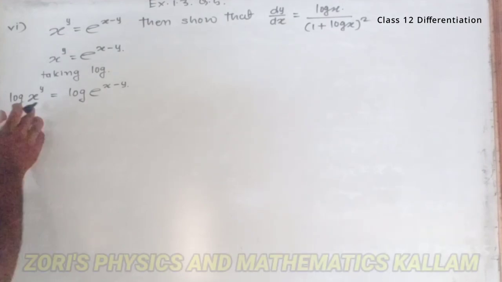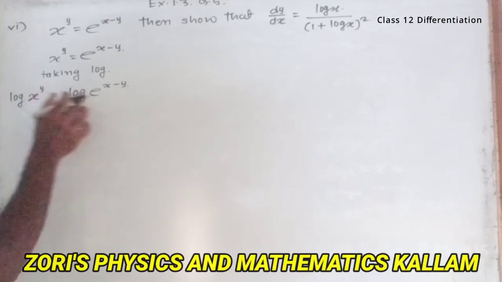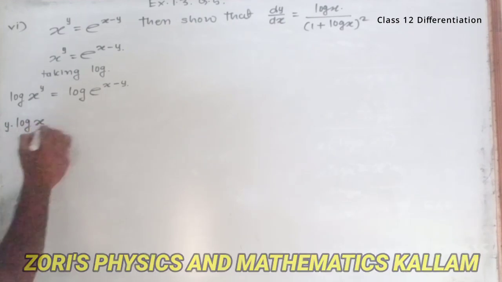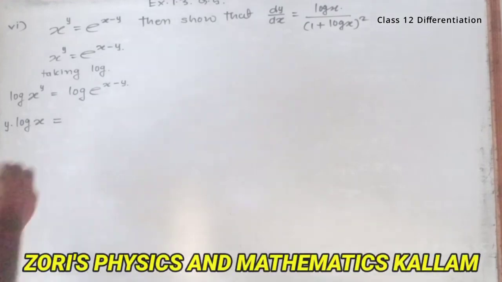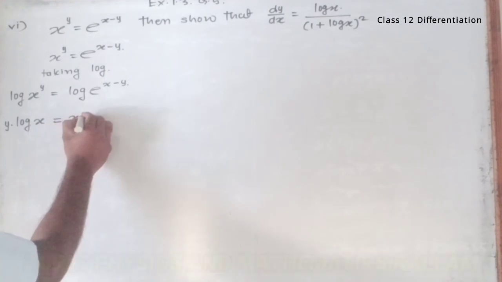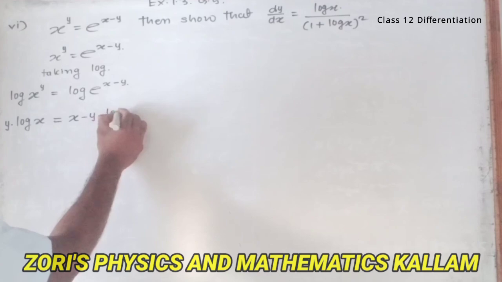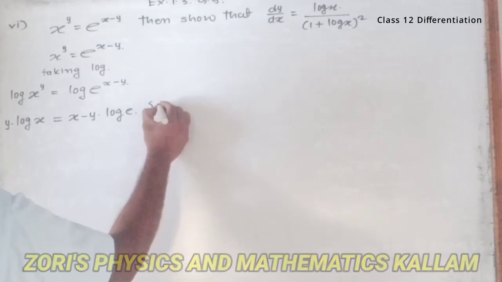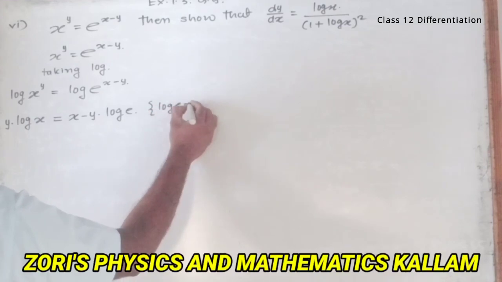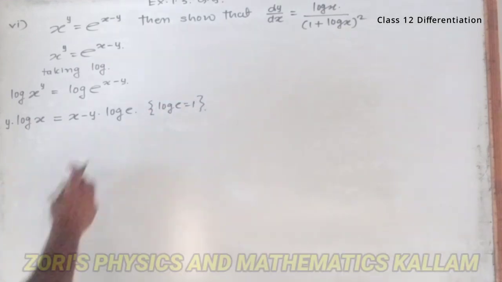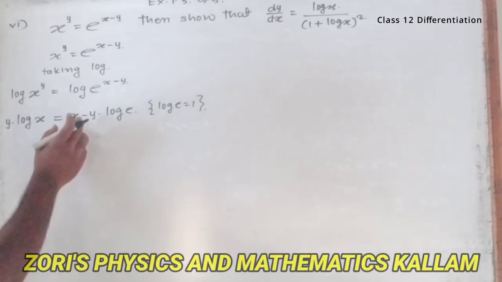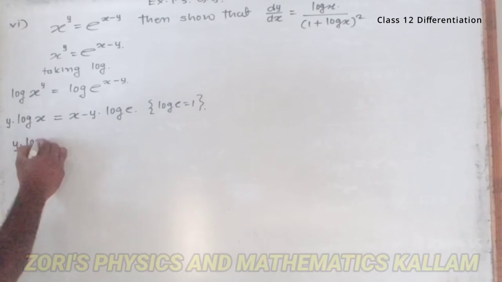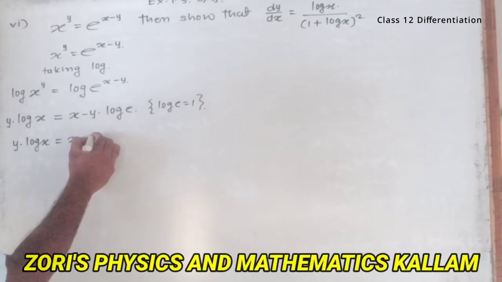So by the index rule of the log, we can write y log x = (x − y) log e. Now remember here, log e is 1, so this part becomes 1. Now we remain with only y log x, which is equal to x − y.